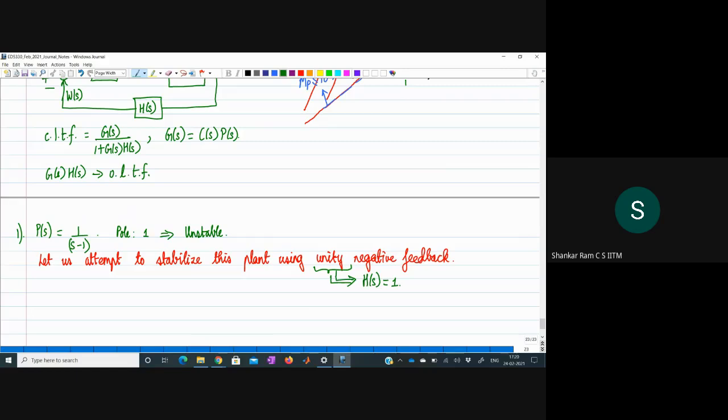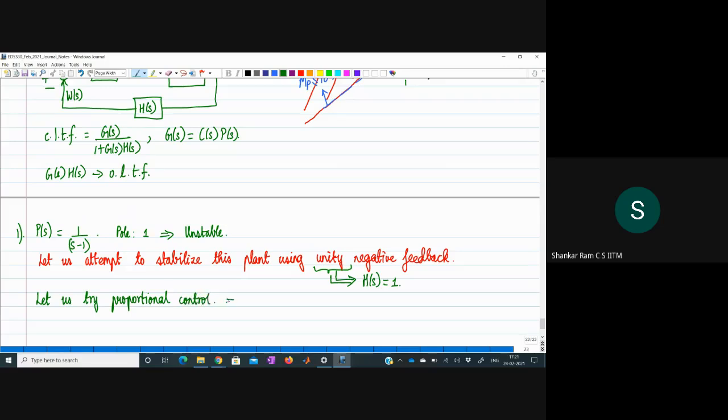So we will have our feedback path transfer function H of S to be unity. All right. Okay. So let's first attempt proportional control. Okay. So we'll start with the simplest control. So proportional control is the simplest one.